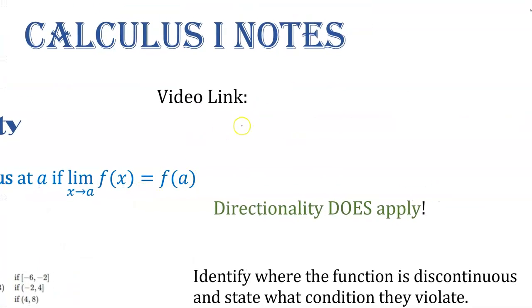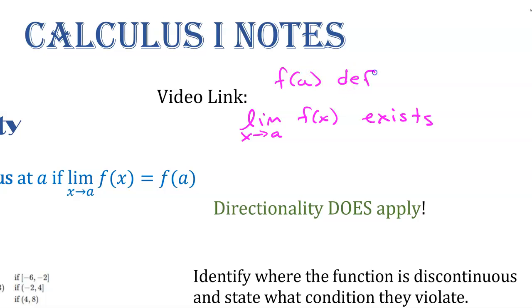The first is that the limit as x approaches a of f of x actually exists. The second thing is that f of a is defined, so it actually is real and is there. And the third is that the limit as x approaches a of f of x equals f of a.